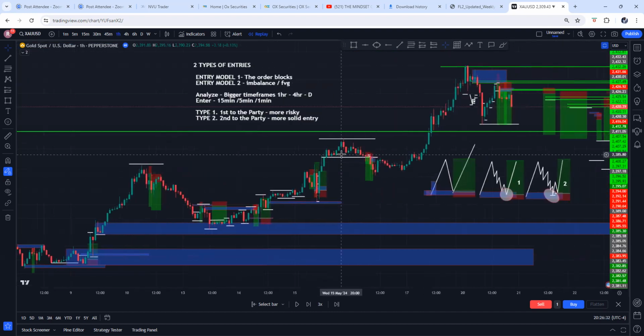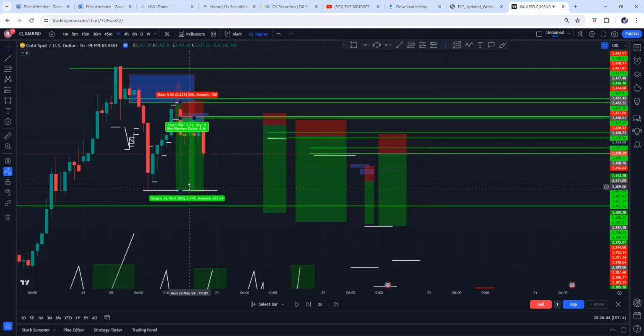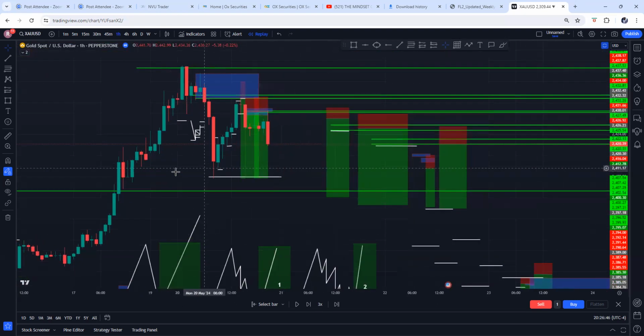From the 1 hour perspective, this is a weak low. Why? Tell me why. On the 1 hour, we could see this is a weak low because, watch this, this was the high on the 1 hour.